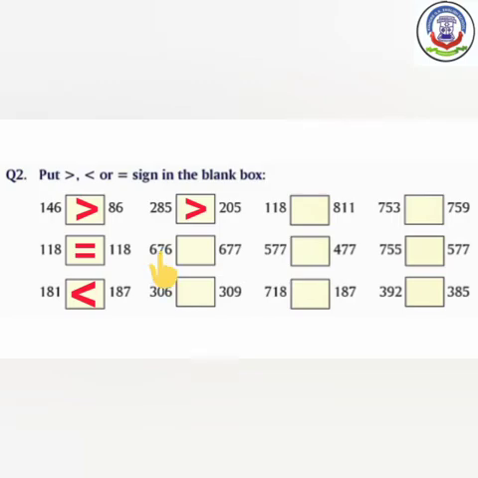Next, 676 and 677. Here at the hundreds and tens place numbers are same. So we will see the ones place. Here on left hand side there is 6 and on right hand side there is 7. So 7 is greater than 6. So we will put here less than sign because 676 is less than 677.